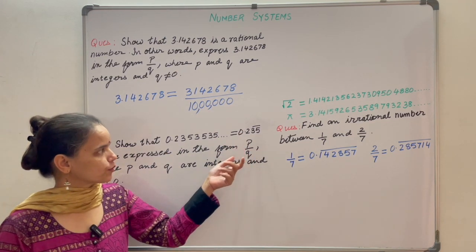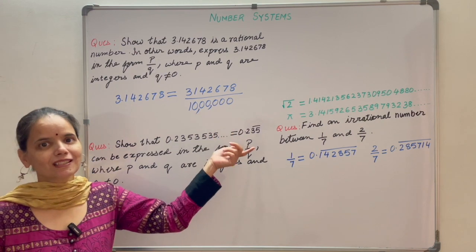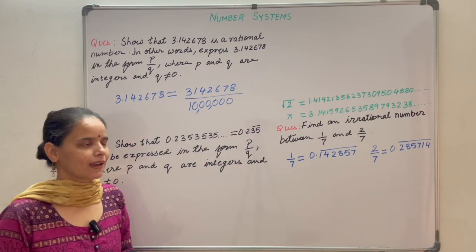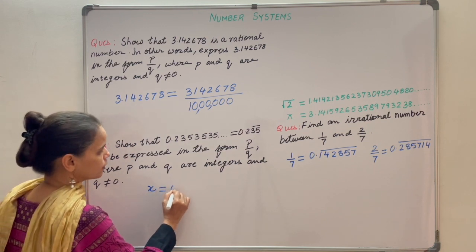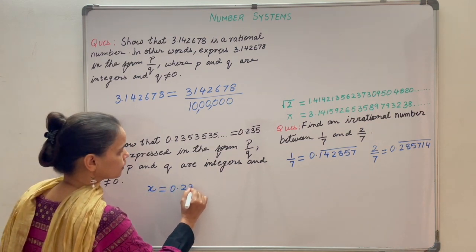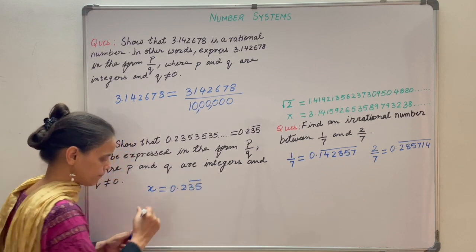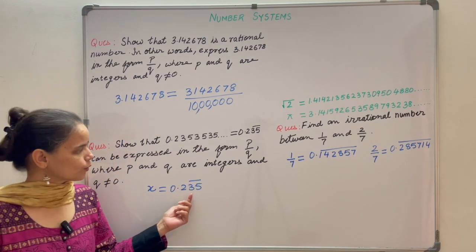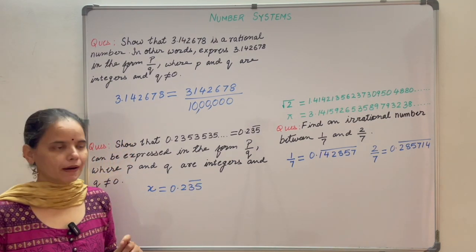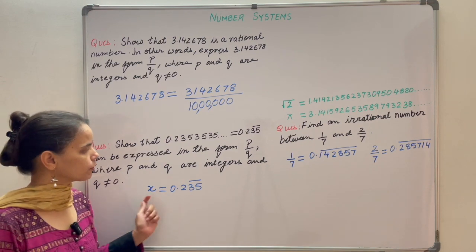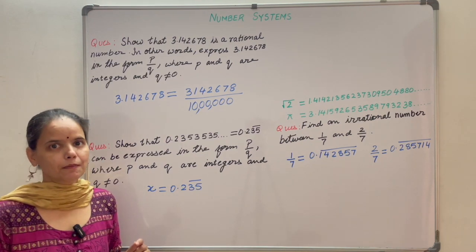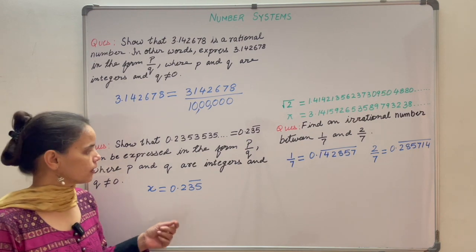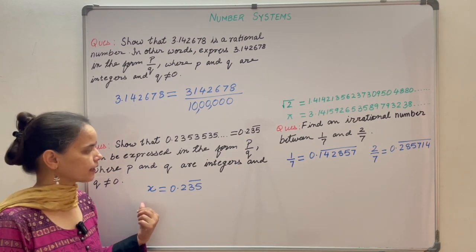What we are going to do here is assume this rational number to be x. So let x be equal to 0.235 bar. Here you can see 2 digits are under the bar. So we are going to multiply both sides by 100 because 2 digits are under the bar. If there is 1 digit under the bar, then you will multiply both sides by 10.